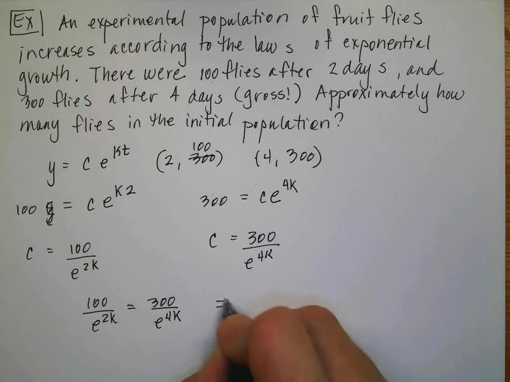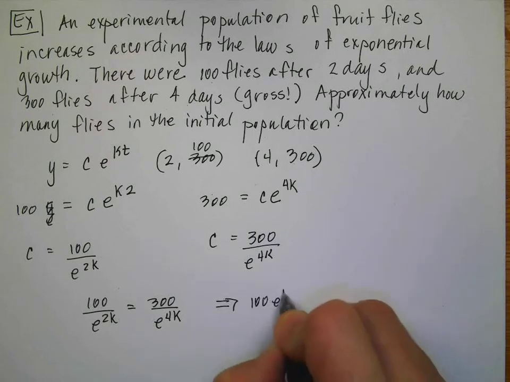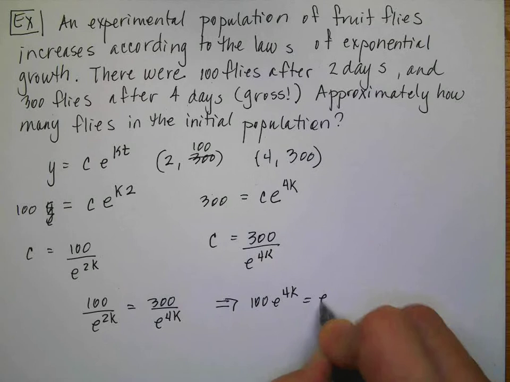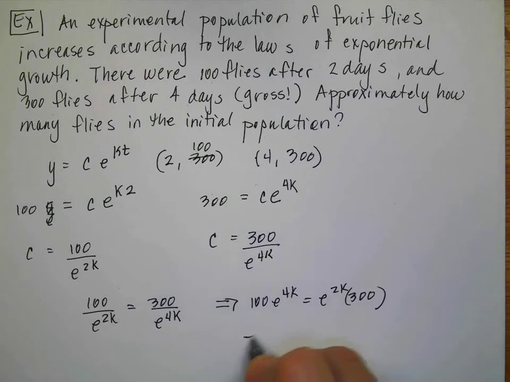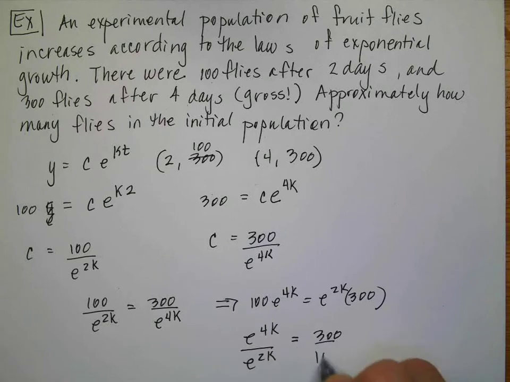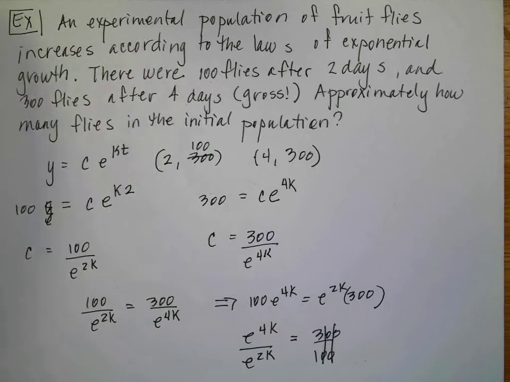And if you cross multiply and put everything in the right place, I get 100 e to the 4k is equal to e to the 2k and 300. So I get e to the 4k over e to the 2k is equal to 300 over 100. Well, that's easy.